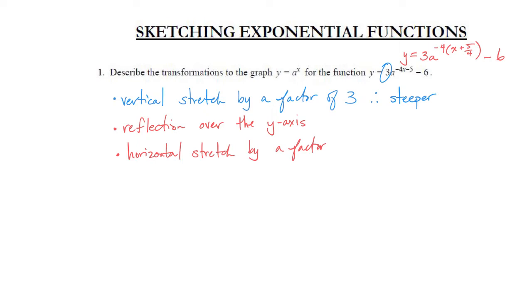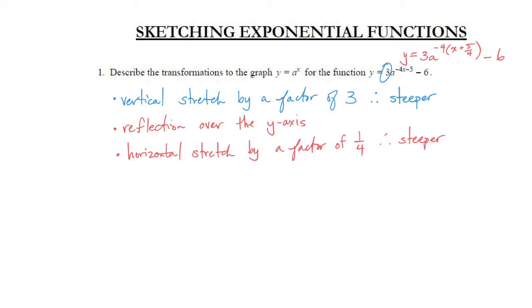So it's a horizontal stretch by a factor of 1/4. Now I have to consider my slope. And if I'm going to make all of my points 1/4 the distance to the y-axis, I am making my graph steeper.